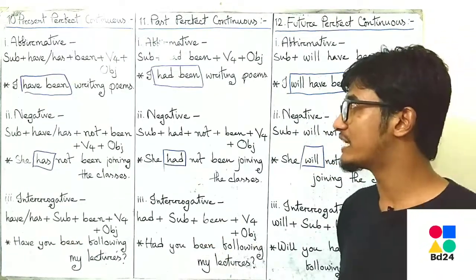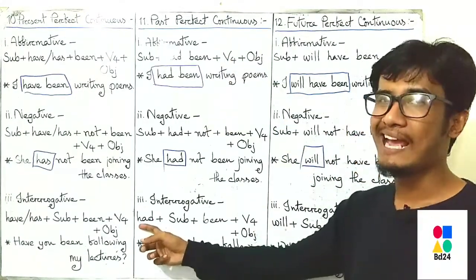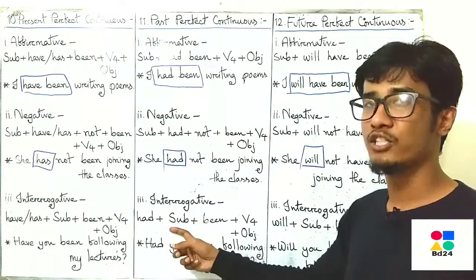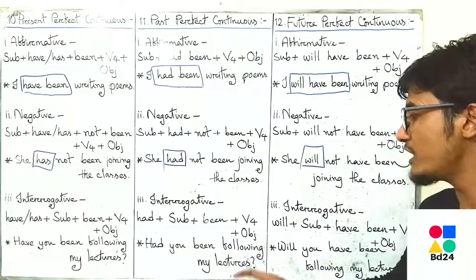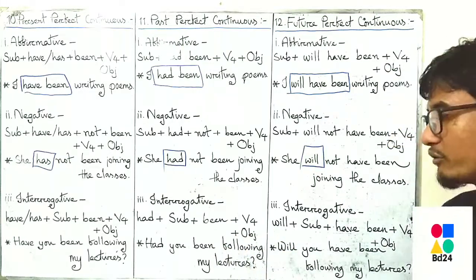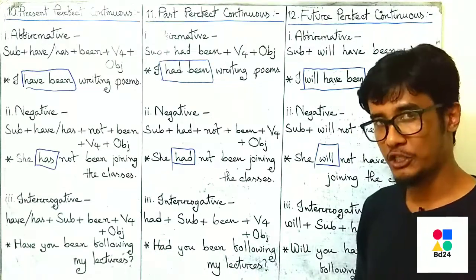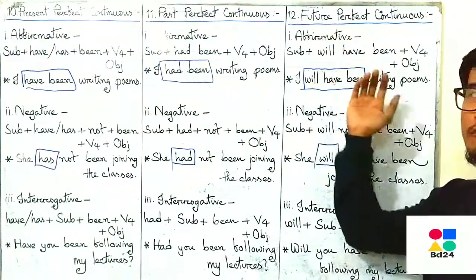And then interrogative sentence of past perfect continuous tense. First of all, had, not have, not has, had plus subject plus been plus V4, verb plus ing, and finally object. So the example will be, had you been following my lectures? And last but not the least, interrogative sentence of future perfect continuous.